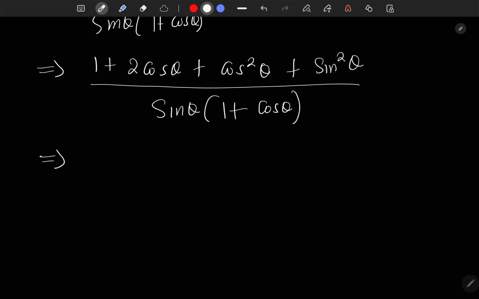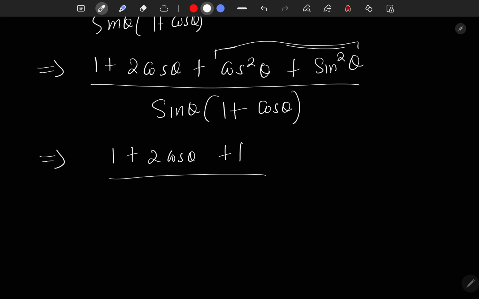All right, so meaning what have we come up with? We know that this part here, remember the Pythagorean identity, will give us 1. Perfect. Yes, so we have 1 plus 2 cos theta, this entire part there, over sine theta times 1 plus cos theta.